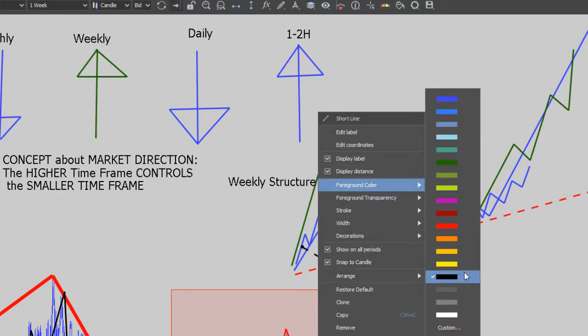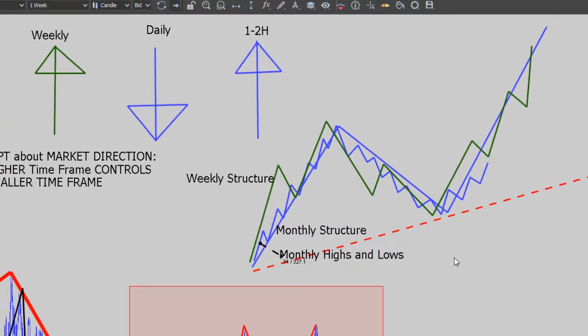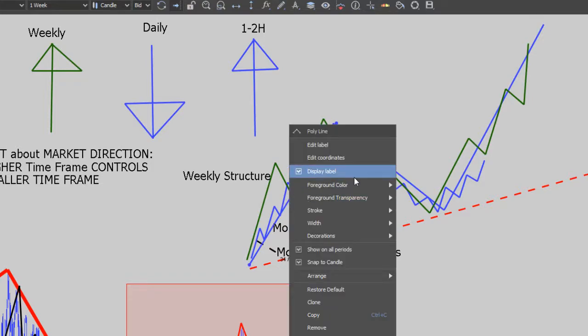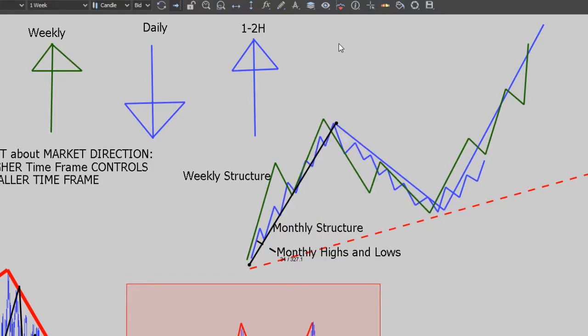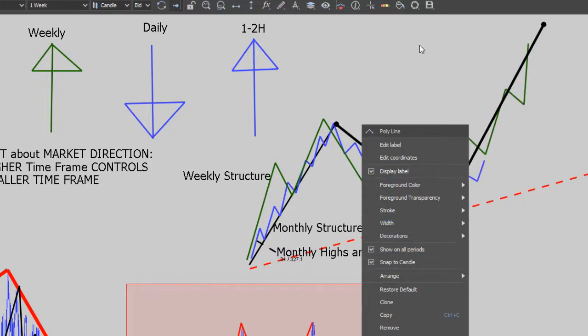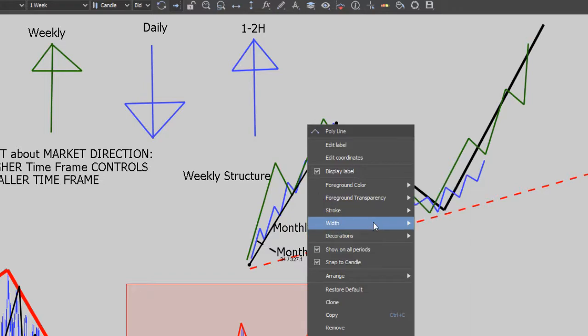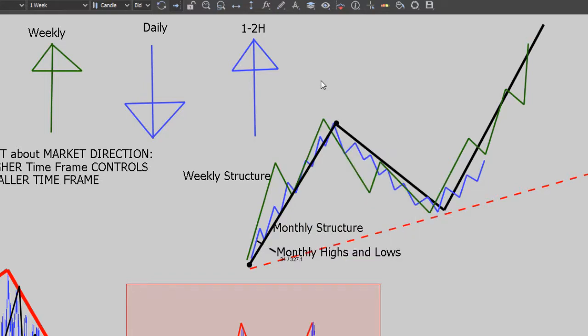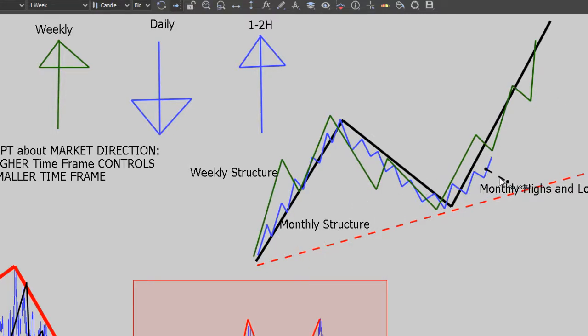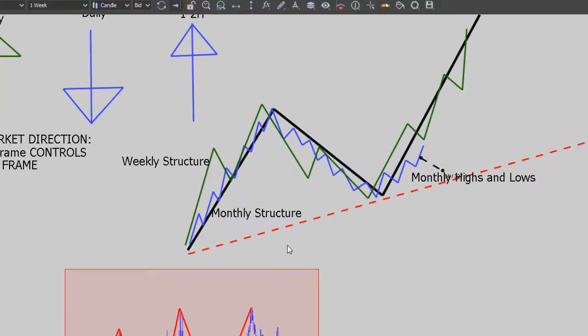Let's color code this. Okay, this is the monthly structure. Let's color code it in black, I believe. It's going to be better. So let's color code in black, and like this, maybe like that, and also this one, so the picture is clear. So monthly structure, and those are the monthly highs and lows here. Okay, monthly structure is the black.